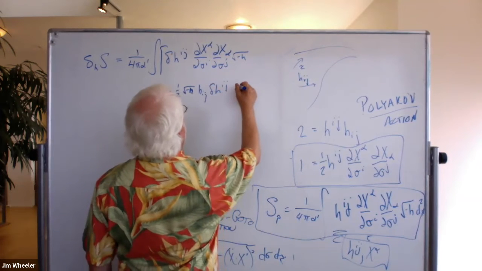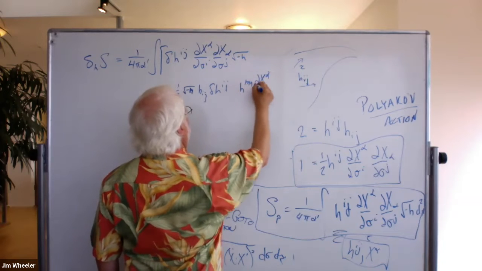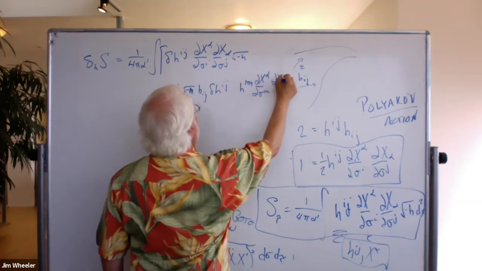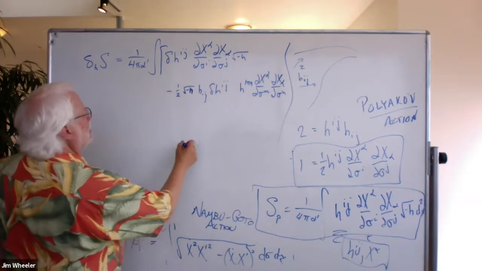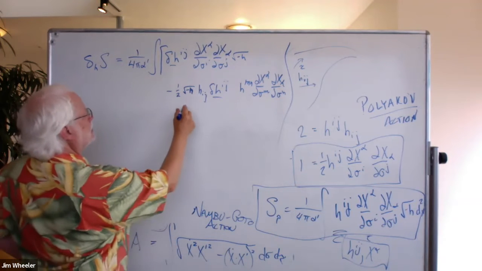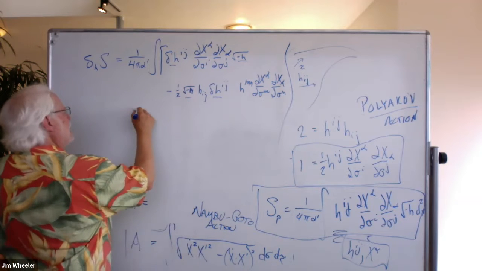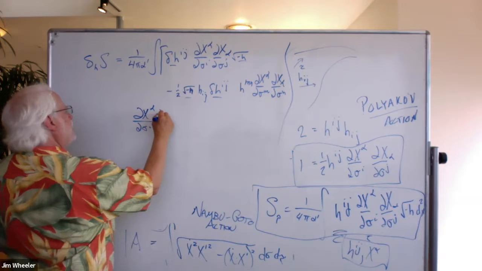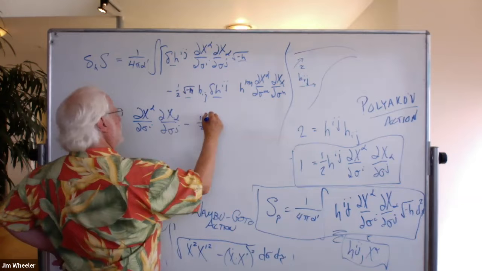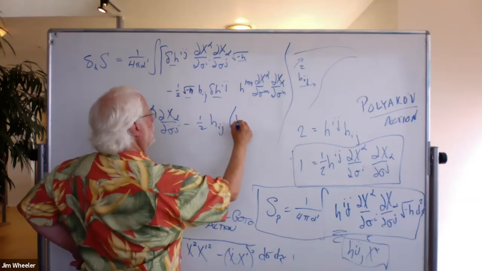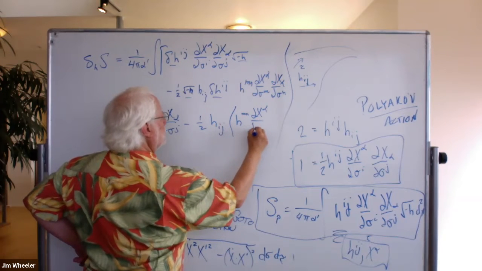So we still have h_mn, dx^alpha d sigma^m, dx^alpha d sigma^n. We factor out the volume element, and the thing that is left is dx^alpha d sigma^i dx^alpha d sigma^j minus 1/2 h_ij times this trace thing, h^mn dx^alpha d sigma^m dx^alpha d sigma^n.